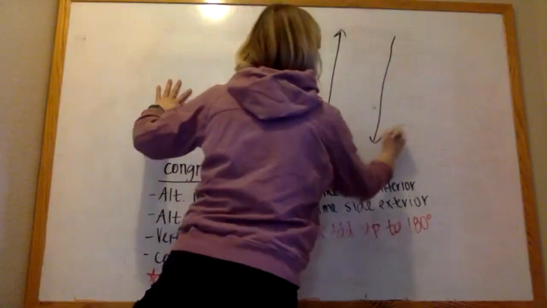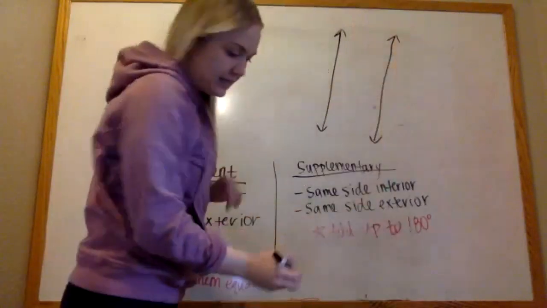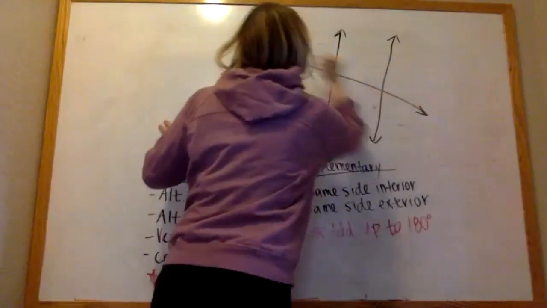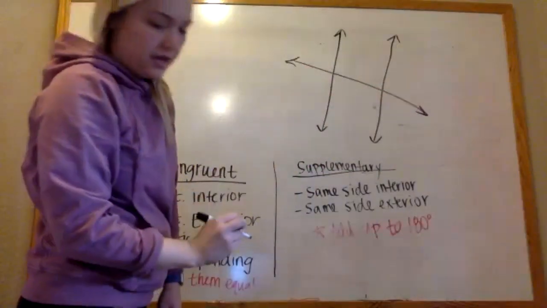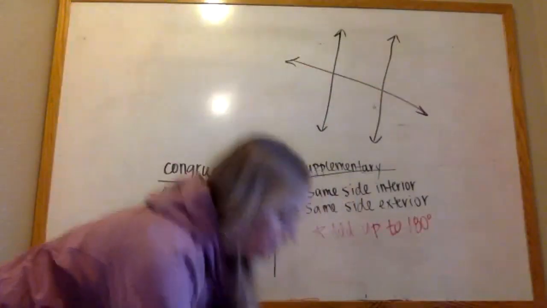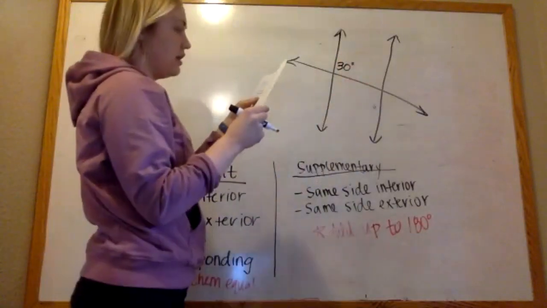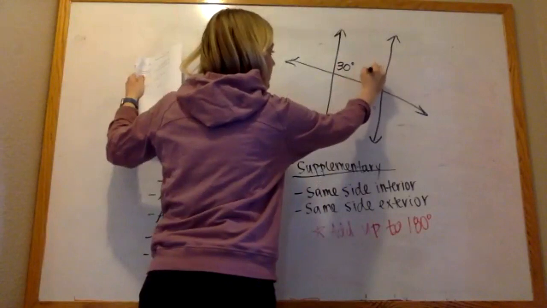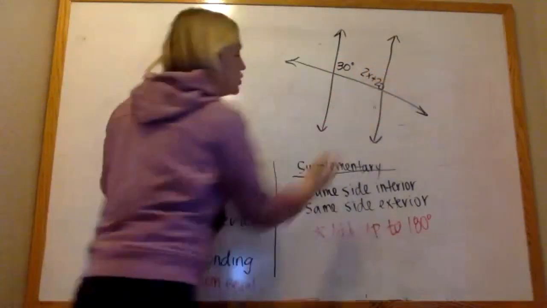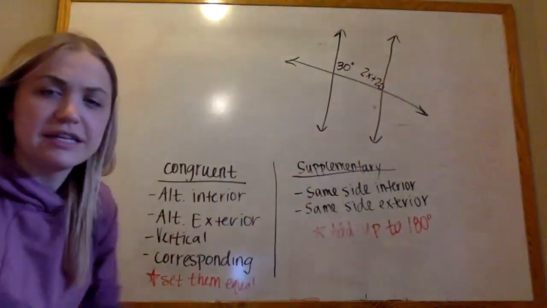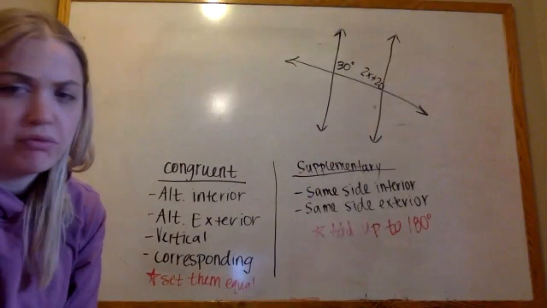These are not straight lines. You will make it. And then they were crossed by this transversal. Okay, then it was 30 degrees in that corner, and then 2x plus 20 in the other corner. That's really poor handwriting because I wrote it poorly.